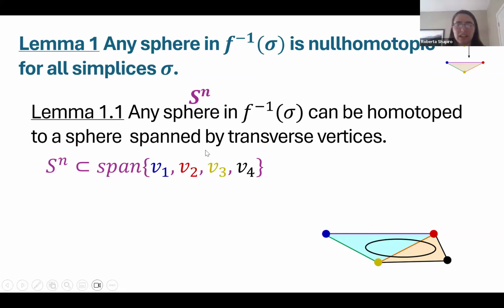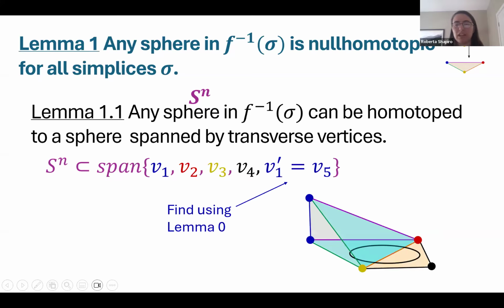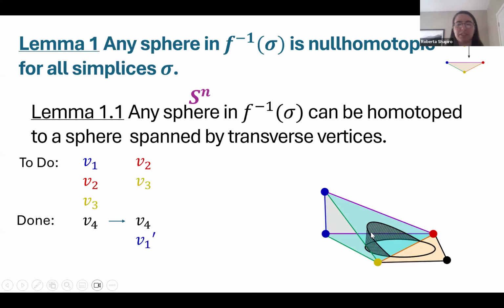What we're going to do is, if we have a sphere in the span of a few vertices, we're practically speaking going to introduce a higher dimensional simplex and flow along that from one face of that simplex to another. And we're going to use lemma 0 to choose how to add the extra simplices.